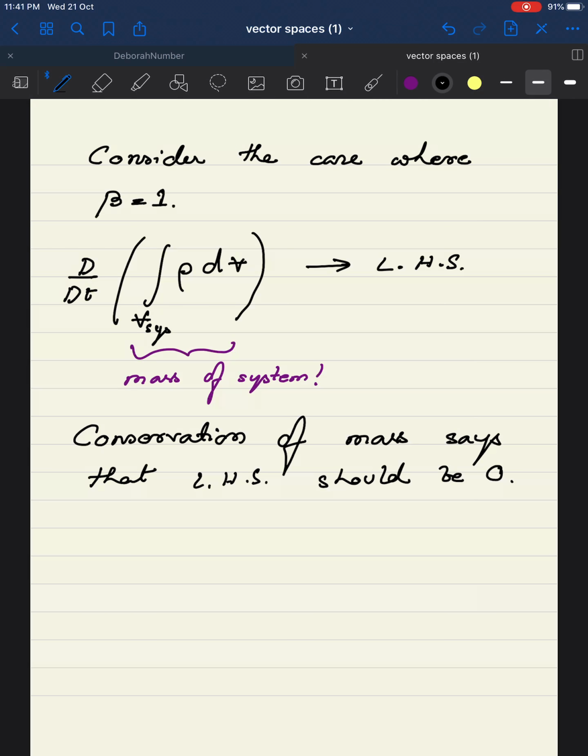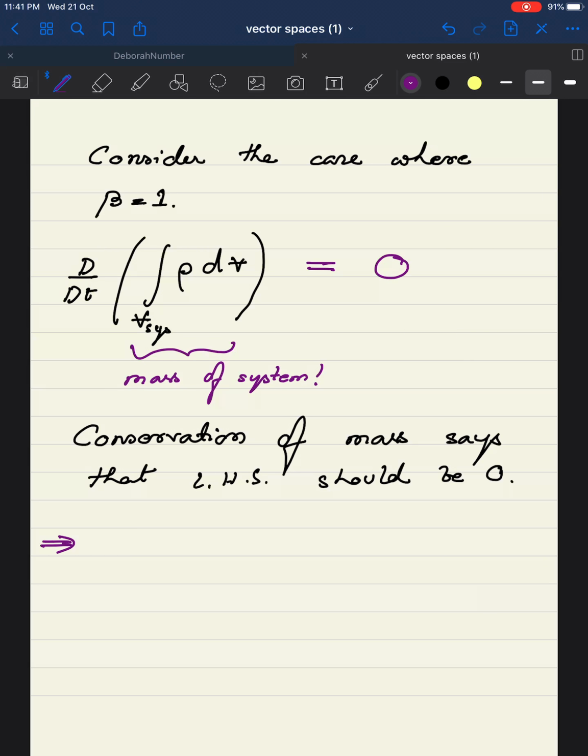So this entire quantity right here has to be equal to 0. What does this imply?